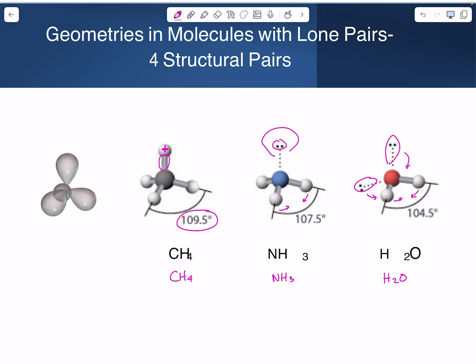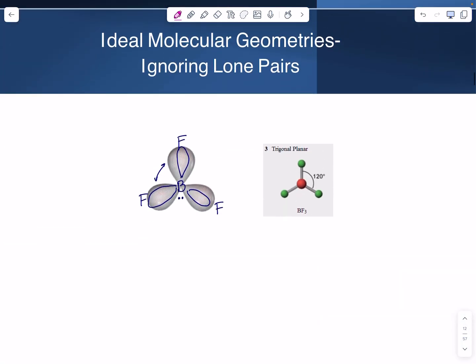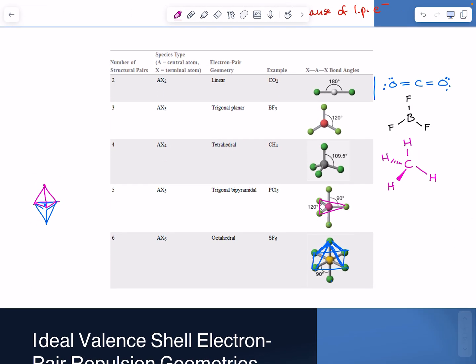If you recall, we use this theory called VSEPR, where the idea is that the positions of the nuclei, what we're calling shape in a molecule, is really where the atomic nuclei are positioned with respect to one another in space. Those are determined by the fact that electrons in bonds and lone pairs want to be as far apart from one another as possible.